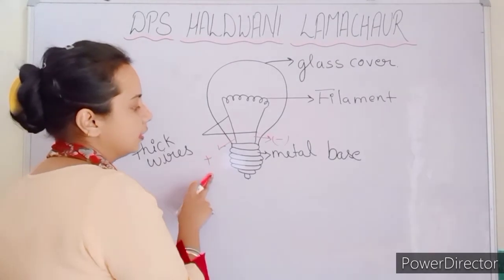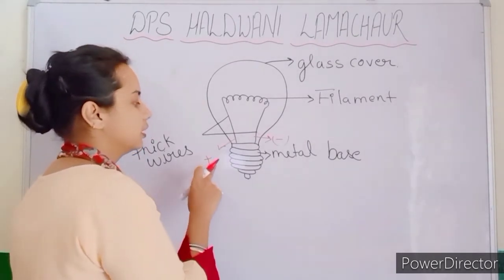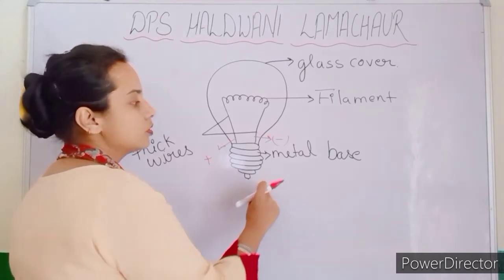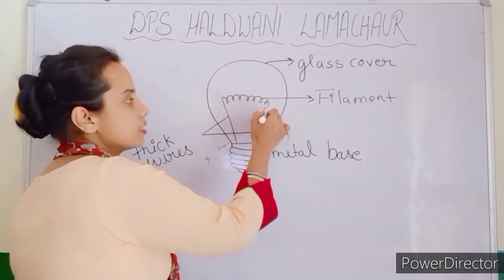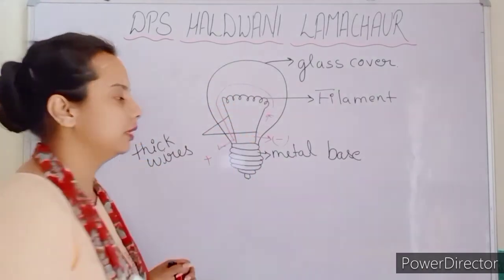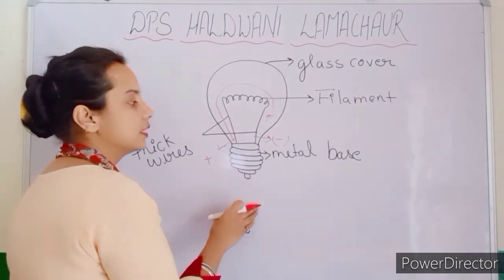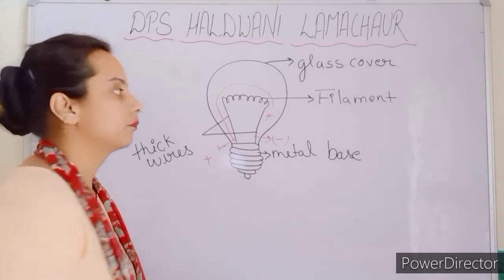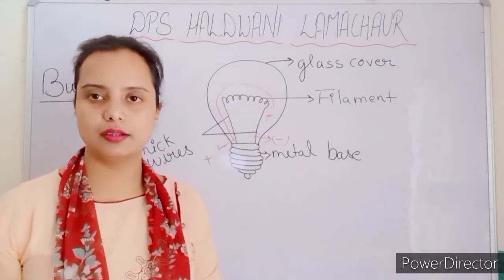When we switch on the bulb, the electric current starts flowing from the positive terminal, it flows to the negative terminal, and from here it starts flowing to this filament and wire. So what happens when the electricity starts flowing, when the circuit is complete? This bulb starts glowing.